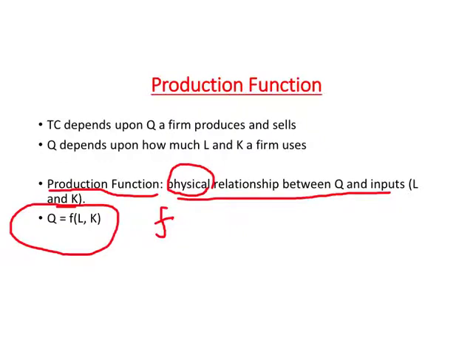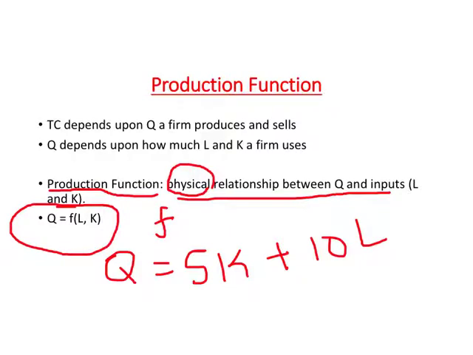For example, a production function could be given to us as Q = 5K + 10L, a specific form of production function. And what this is telling us is the following. Suppose K equals L equals 1. How much output will be produced by the firm? It will be 15.